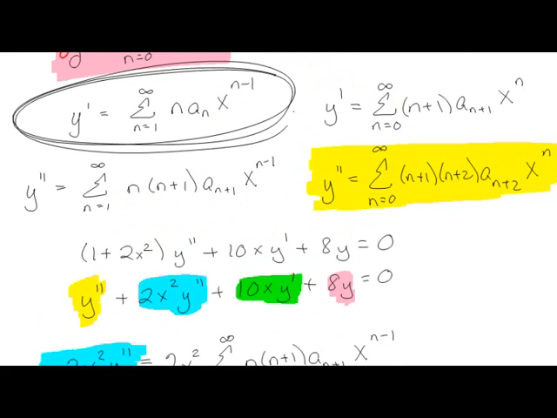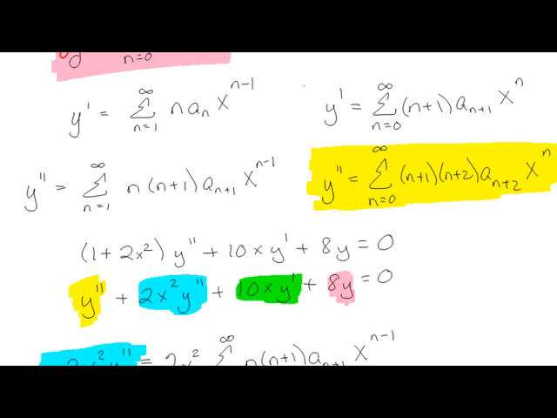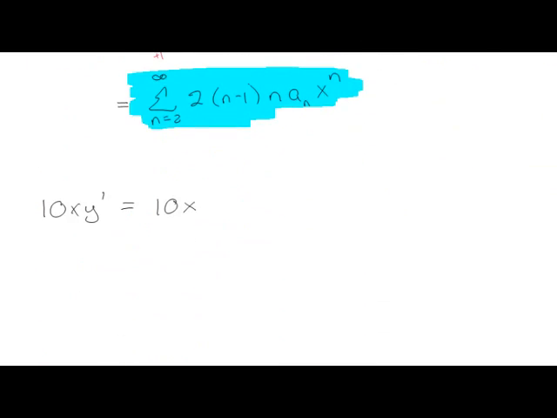One of the reasons I'm going to use this one instead of the one over here is that if I multiply by x, then this term is going to become x to the n, which is precisely what I want. So I'm going to pull that down: n equals 1, a sub n, and it's n x to the n minus 1.